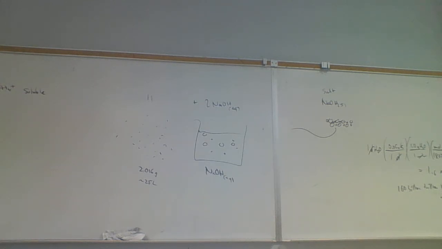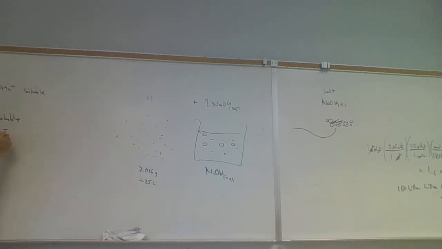Then we have 2 subcategories. The ones that are mostly soluble, we'd start off with. C2H3O2 minus, this anion is called acetate.